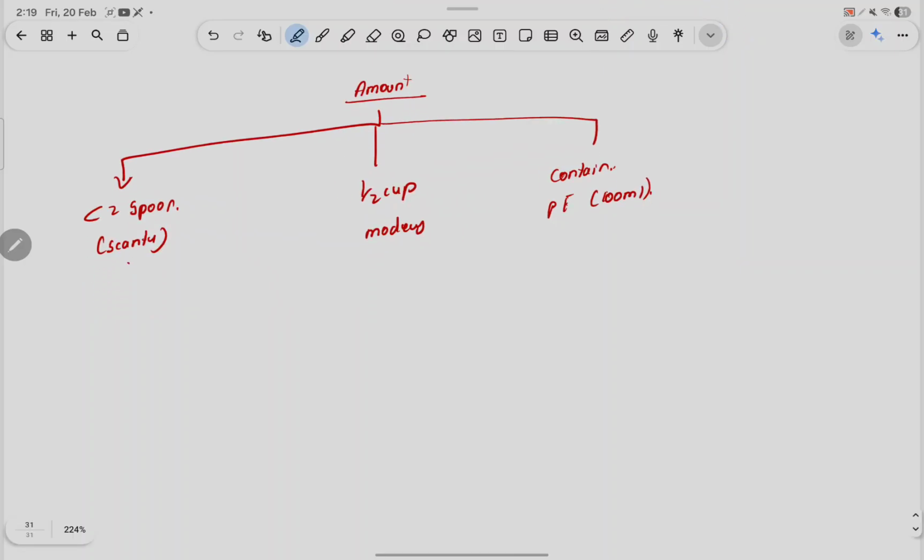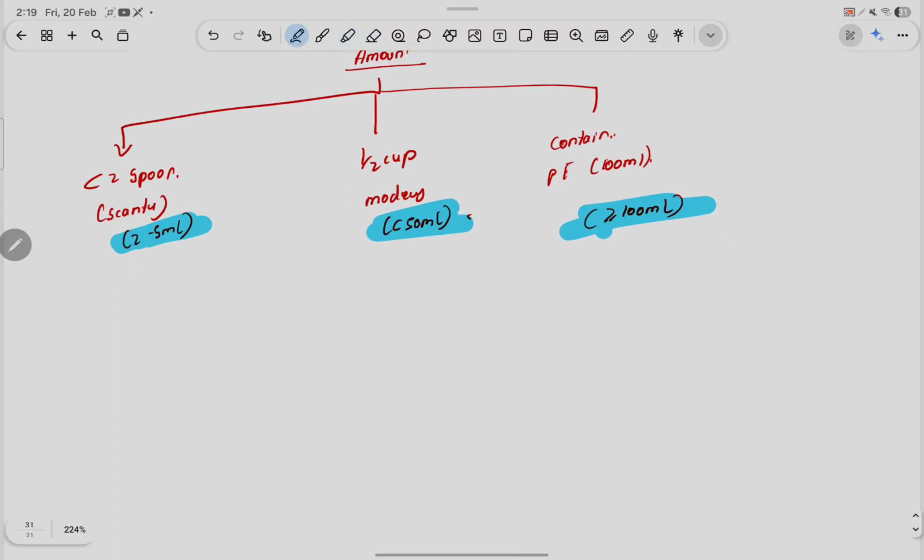So scanty is 2 to 5 ml, moderate is less than 50 ml, and copious is greater than or equal to 100 ml. Remember, it is 2 to 5 ml, 50 ml, and greater than 100 ml.